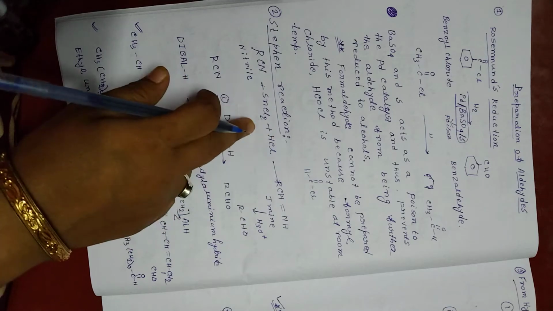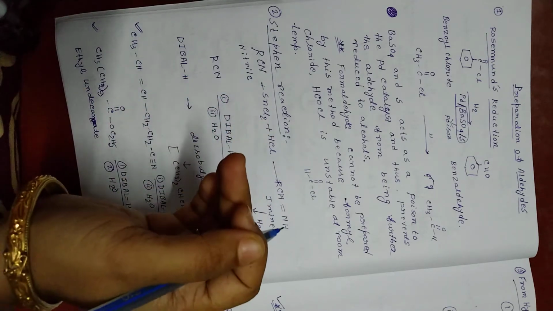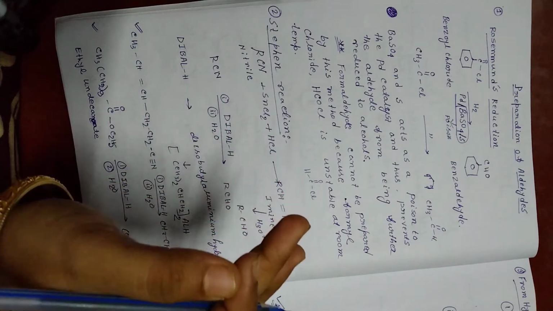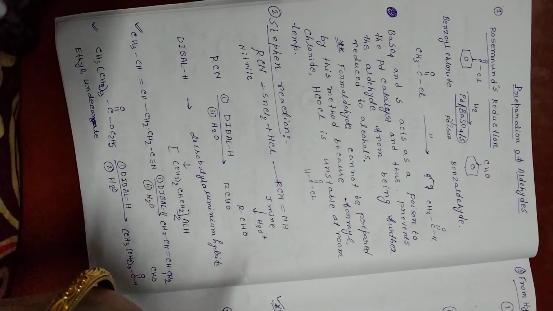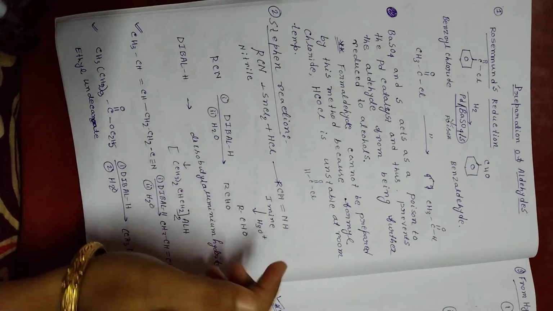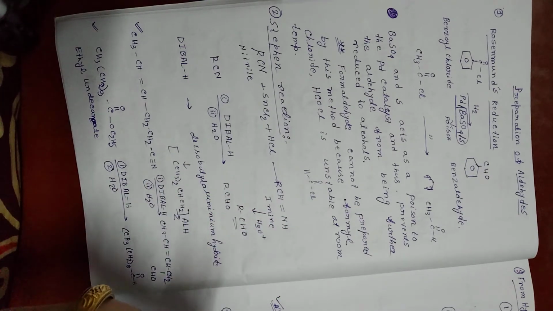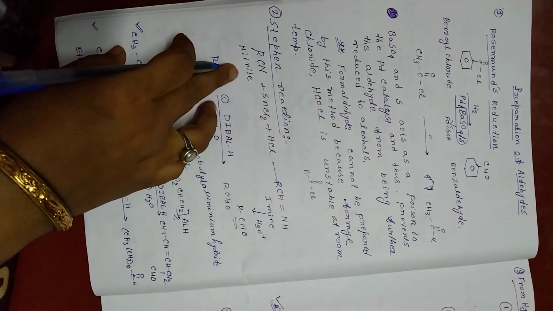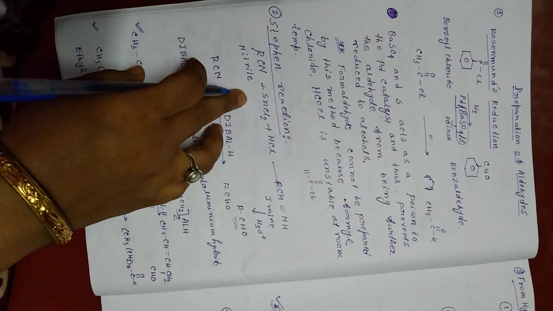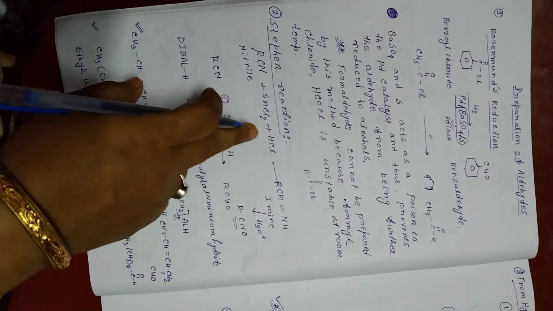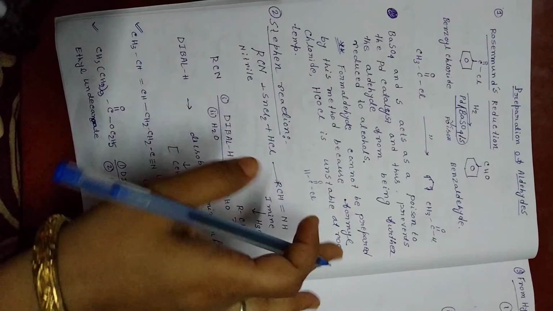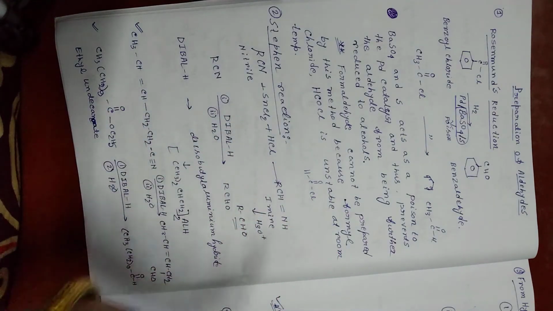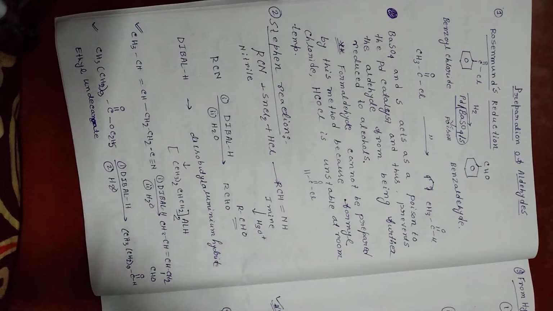This stannous chloride in presence of hydrochloric acid gives an imine as intermediate, and after this we do hydrolysis and get the aldehyde. So in Stephen reaction we use stannous chloride in the presence of hydrochloric acid and we get an imine as intermediate, and after hydrolysis we get aldehyde.